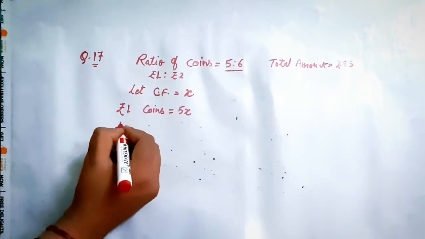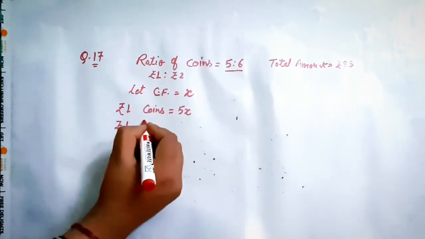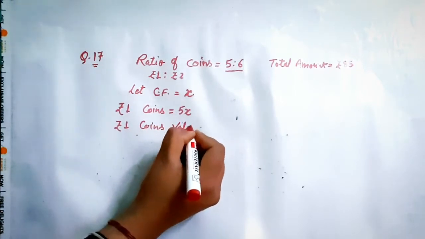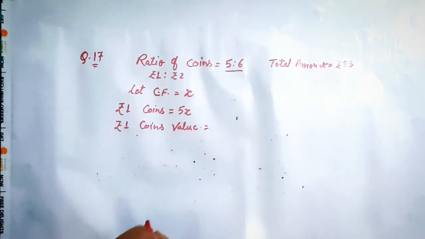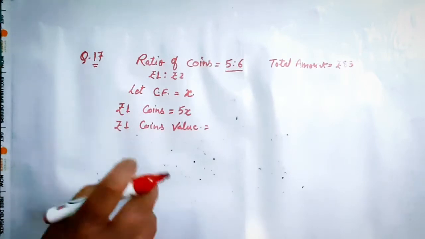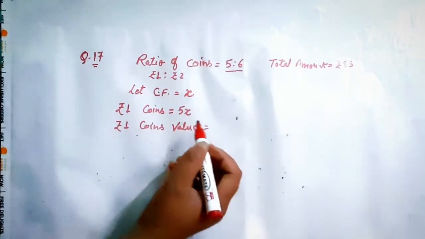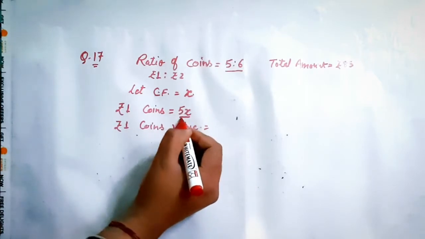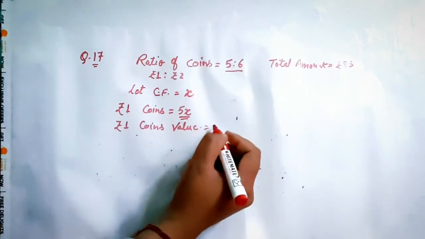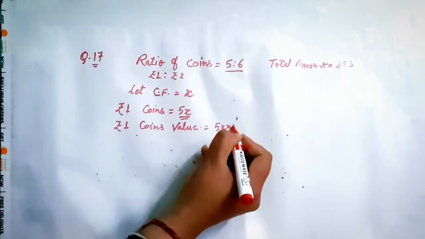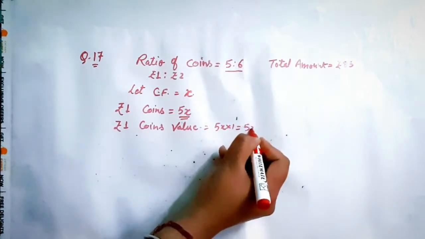Rupees 1 coins value. For example, suppose you have 10 one-rupee coins, their value will be 10 rupees. So same here, we have 5x one-rupee coins, so their value will be 5x multiplied by 1, that is 5x itself.